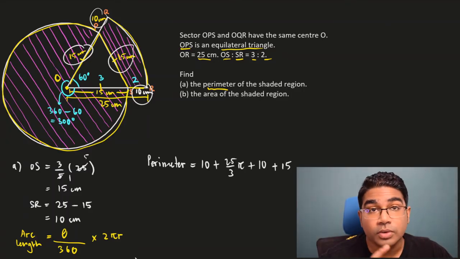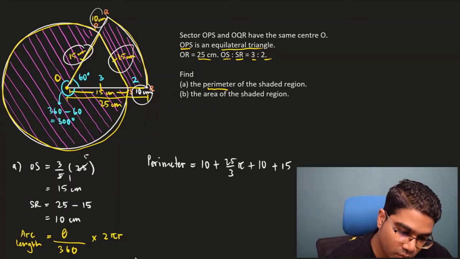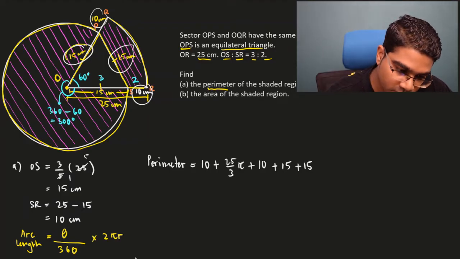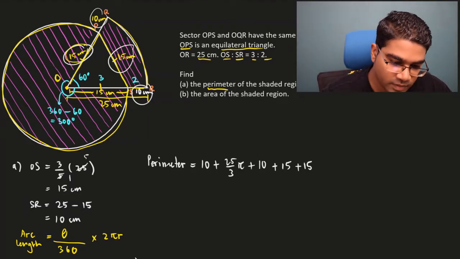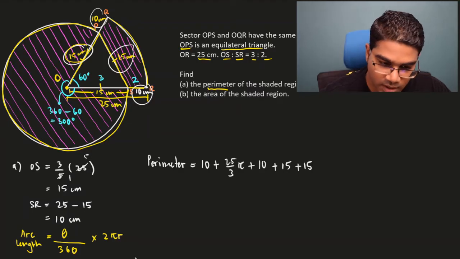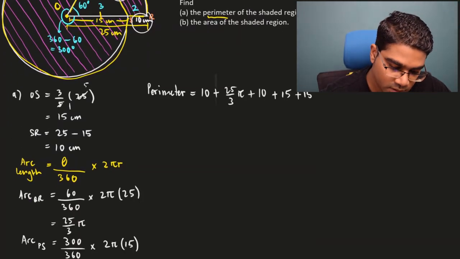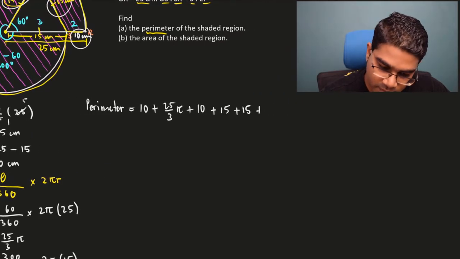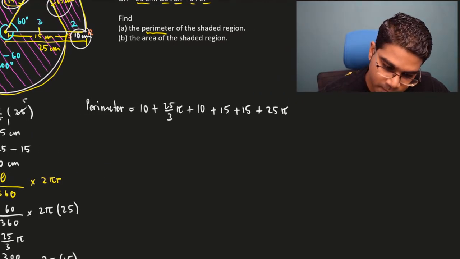Then let's go to the other shaded region. So we have OP, which is 15 as well, so plus 15. Now we are talking about this one, OP here. And then we have PS, the big arc. The big arc PS we found to be 25 pi, so plus 25 pi.